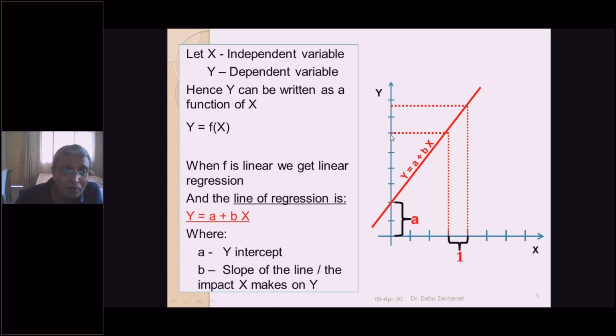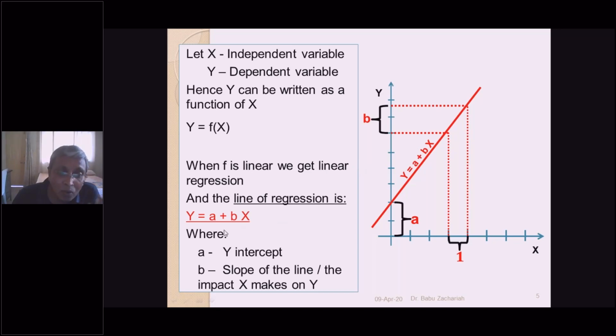This is what I want to check. That difference is called b, the slope. So in short, what is slope? Amount of change in y for unit change in x. So that is the slope.